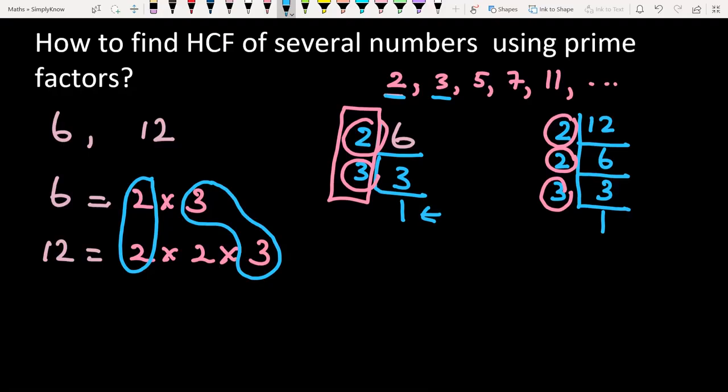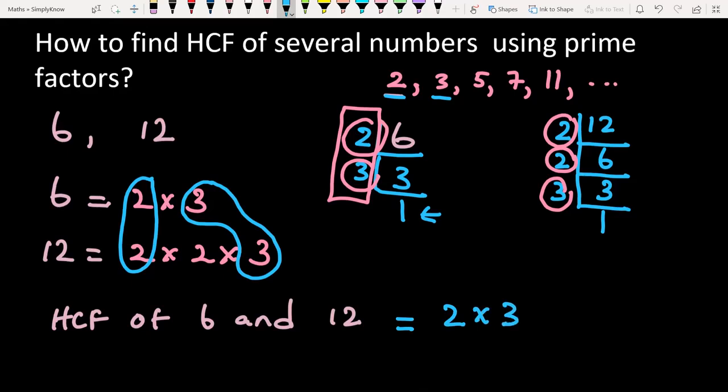Then finally, we need to multiply these common prime factors together to find out HCF. So our HCF of 6 and 12 is 2 times 3, which is 6. Here we have taken the product of prime factors which are common to both 6 and 12 in order to find HCF.